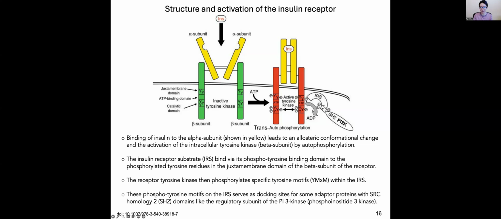IRS binds to the phosphotyrosine, and this receptor tyrosine kinase is going to phosphorylate IRS. And the phosphorylated IRS can serve as a docking site for adapter proteins with SRC homology 2, SH2 domain, such as the regulatory subunit of the PI3 kinase. So the PI3 kinase stands for the phosphoinositide 3 kinase.